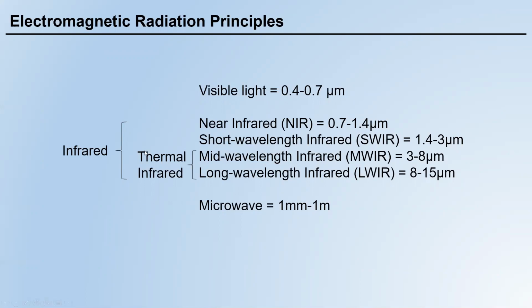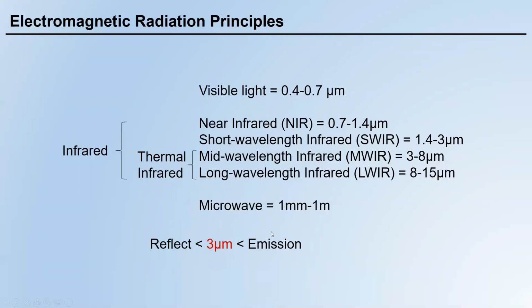And here I'm going to tell you why MWIR and LWIR are called thermal infrared, because we usually consider 3 micrometers as the boundary between reflected energy and emitted energy. What does it mean?